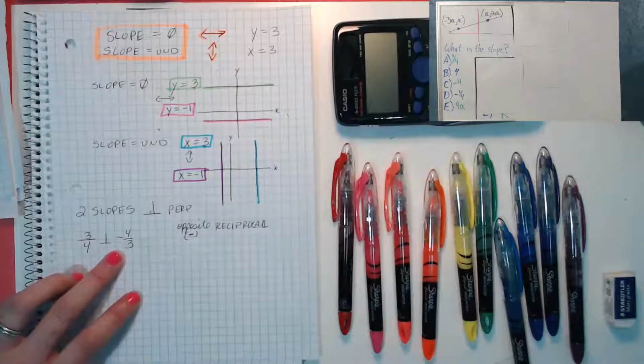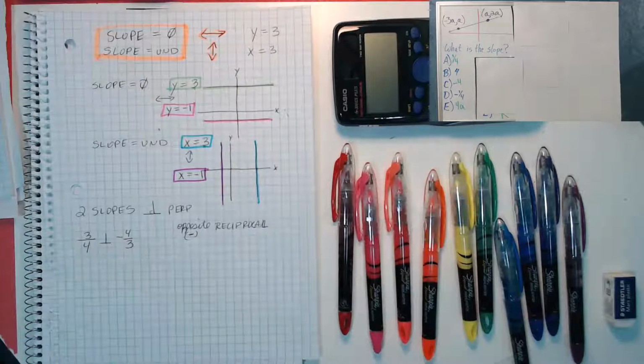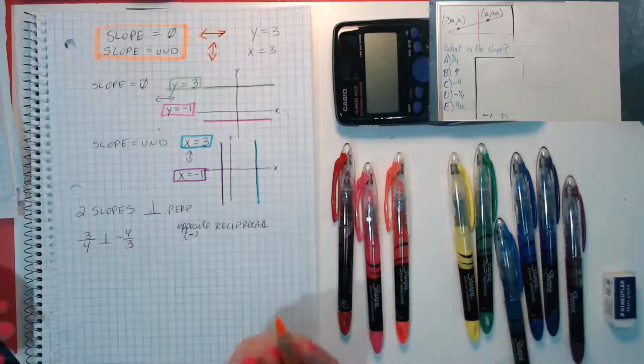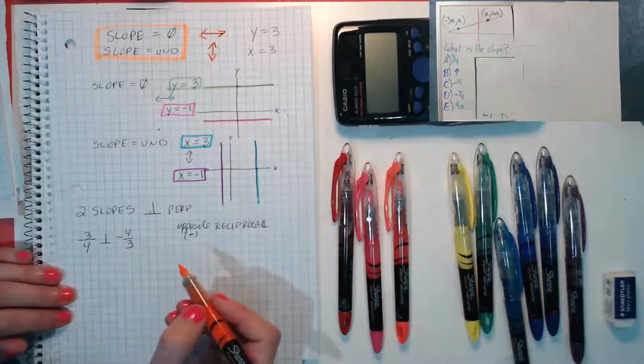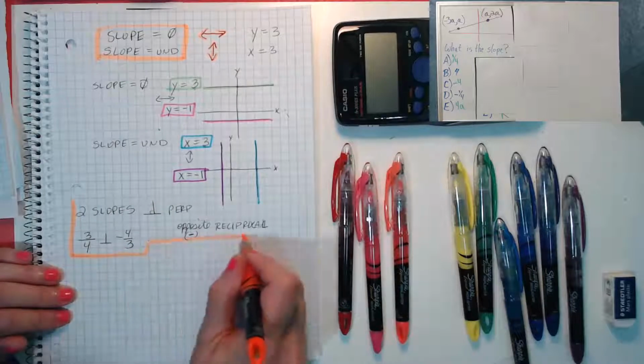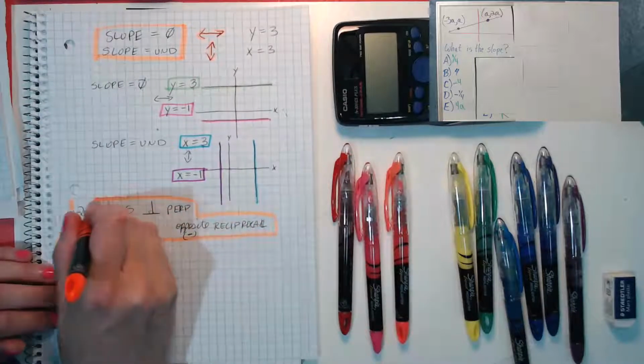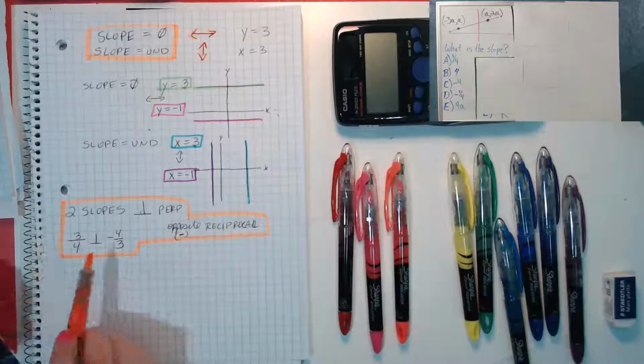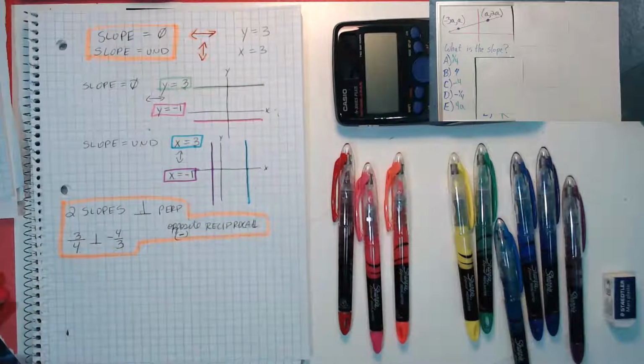Just remember to take the opposite of the opposite. So let's put this here as a memory bank: if slopes are perpendicular, they're the opposite of the reciprocal.